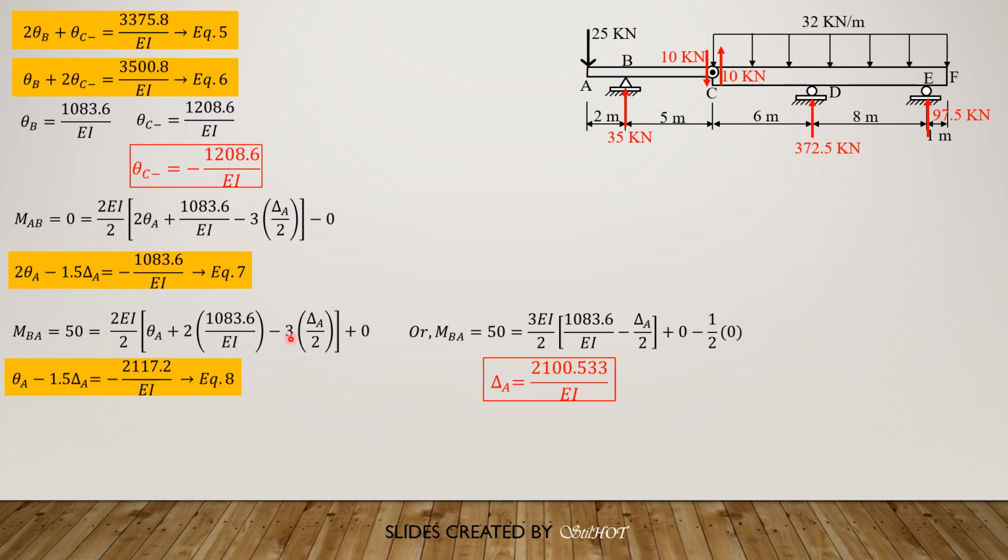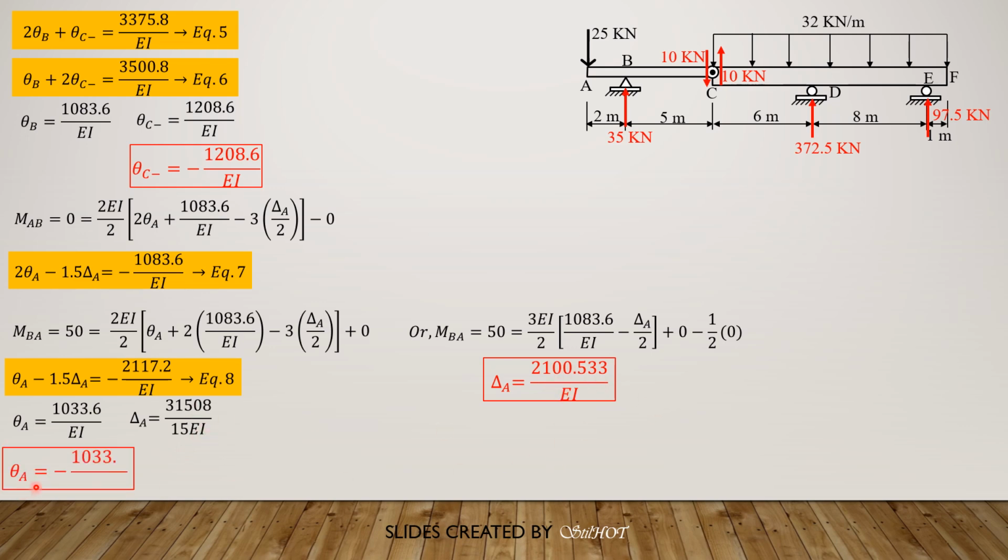Or if we solve equations 7 and 8 simultaneously, then we'll have theta A equals 1033.6 over EI, because that's positive, that's clockwise by slope deflection equation. And delta A is equal to 31508 over 15, or in decimal, that's the same as this.